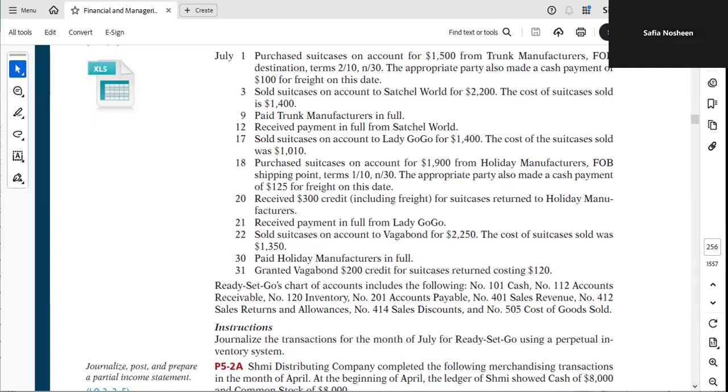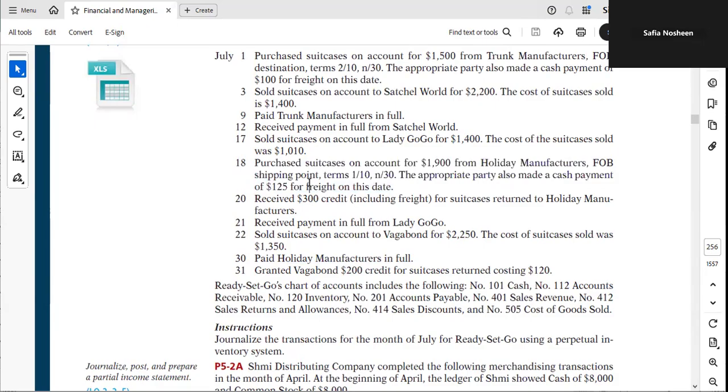Next entry: paid to Holiday Manufacturer in full. We purchased from Holiday on 18th, and now we are going to make payment on 30th.